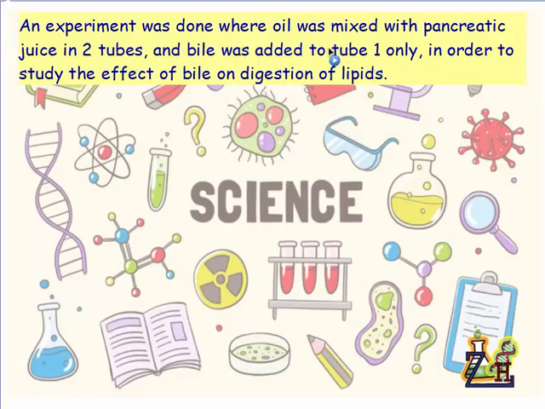Here we can notice from this sentence that the manipulated factor is the bile, because we put bile in one tube and we didn't put the bile in the other one. And here the objective of the experiment is to study the effect of bile on digestion of lipids. So we can know here the measured factor or the result. We have to see the digestion of lipids.